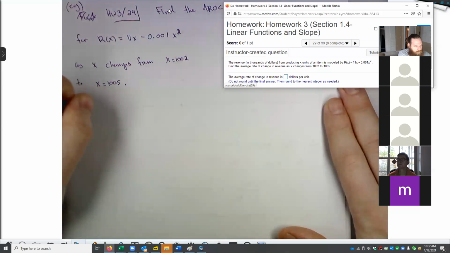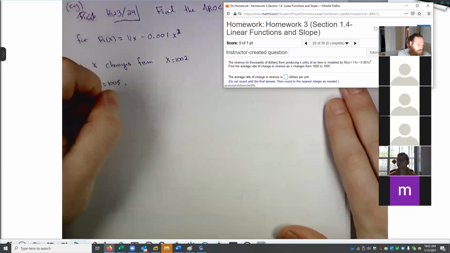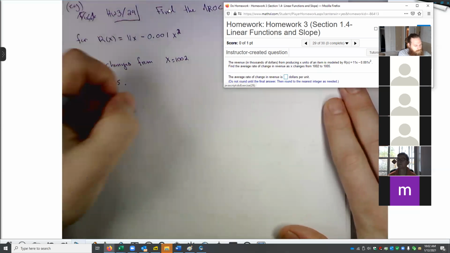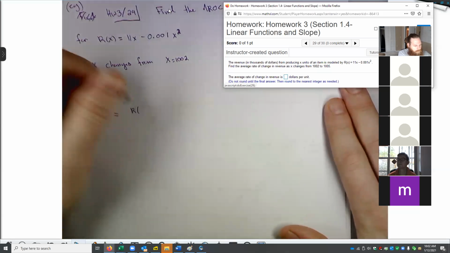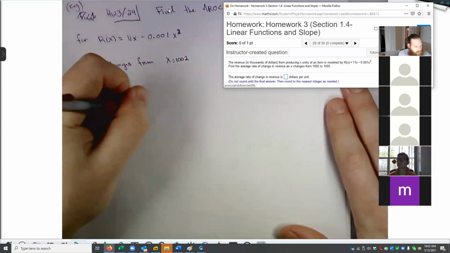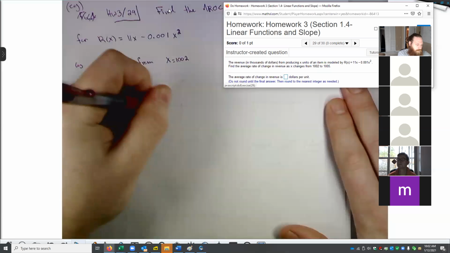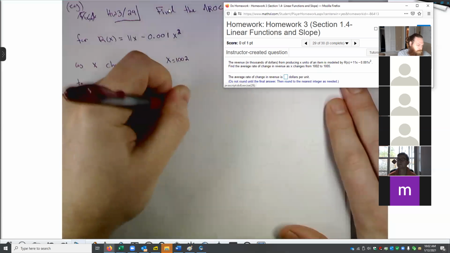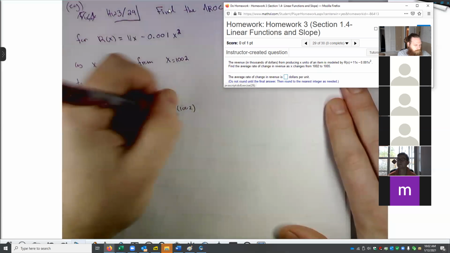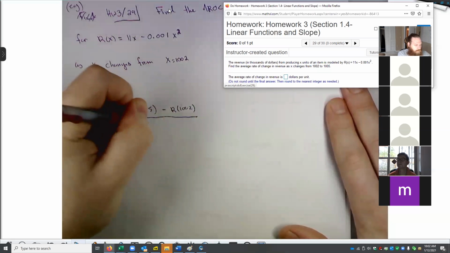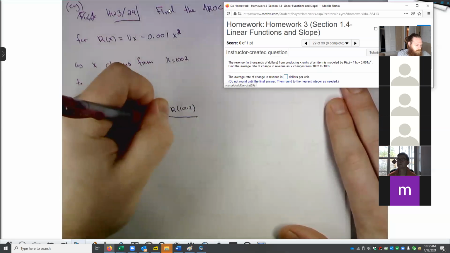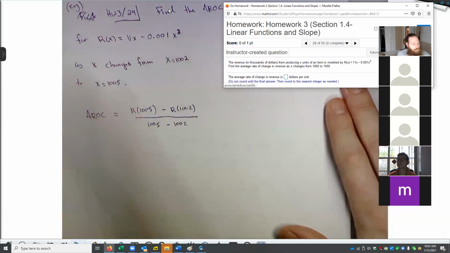So the average rate of change should be R of 1005 minus R of 1002 over 1005 minus 1002.